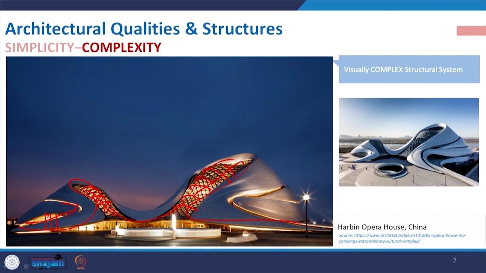So, sometimes complexity does not mean that we will not like that building because of structural haphazardness or chaos in the system. So, this is an example from Harbin Opera House in China, one example of an architectural quality conveying complexity. Move to the second architectural quality, that is open and closed.